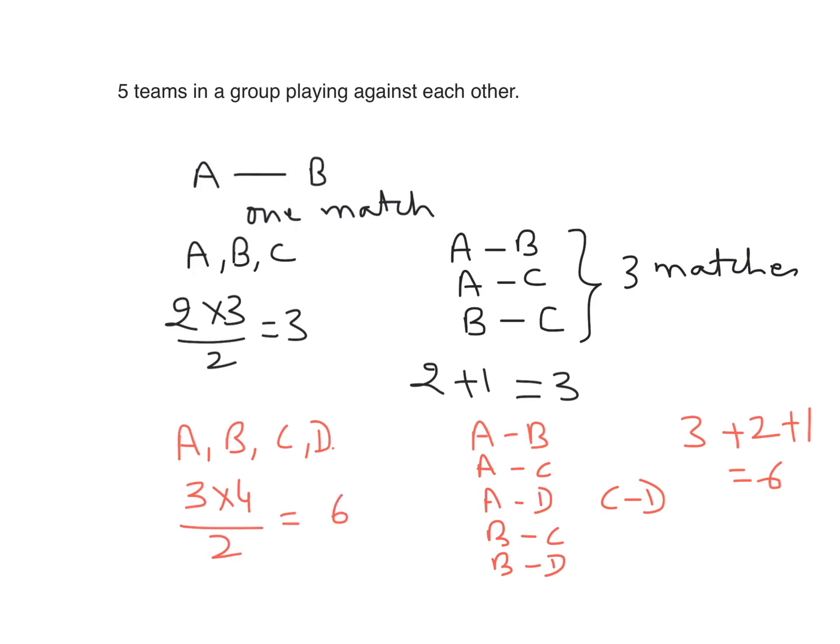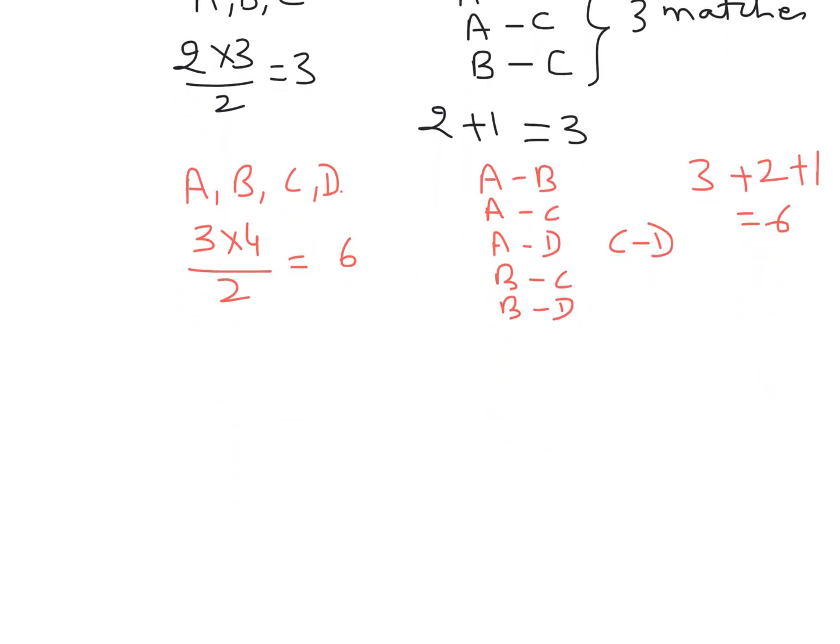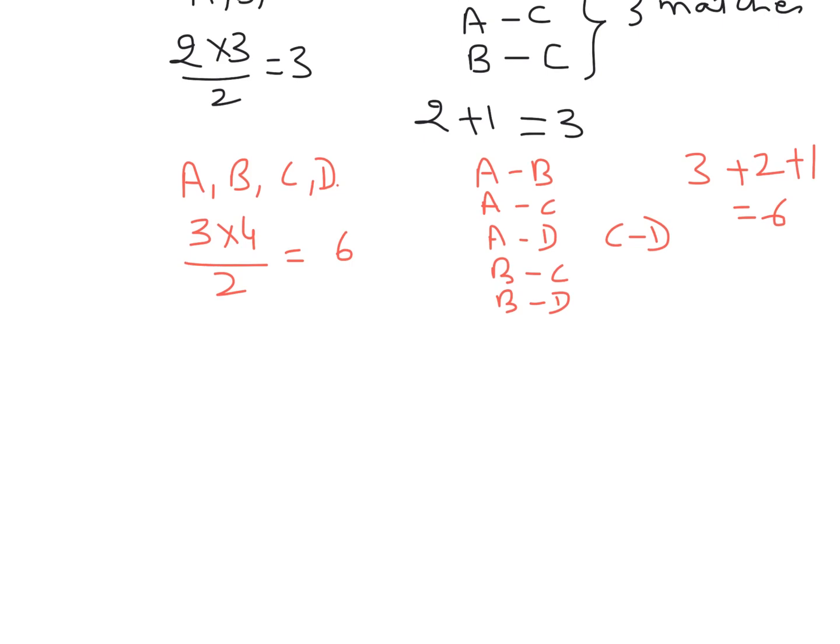You can visualize this in your own style and see what happens if there are 5 teams in a group. For 5 teams you can have say 4 plus 3 plus 2 plus 1, that is equal to 4 plus 3, 7, plus 2, 9, plus 1, 10.